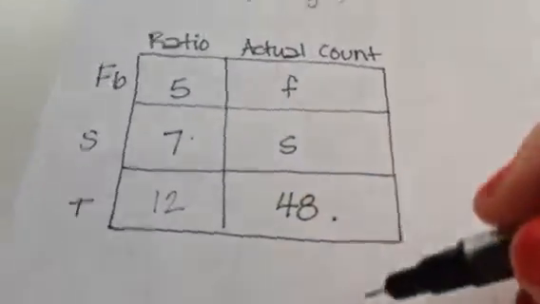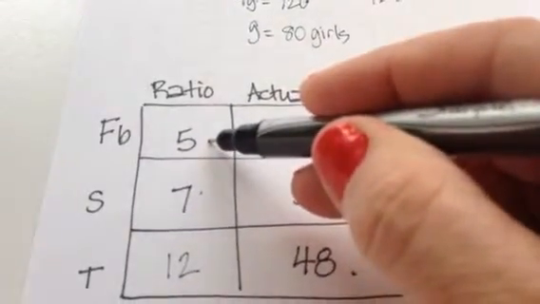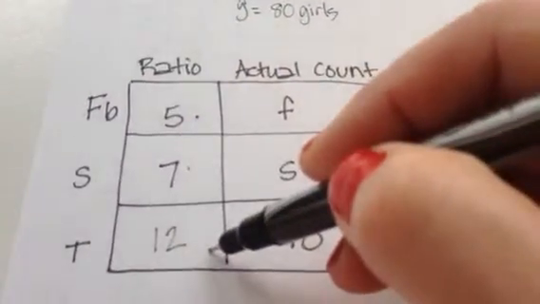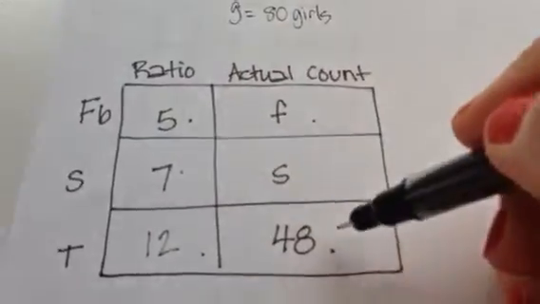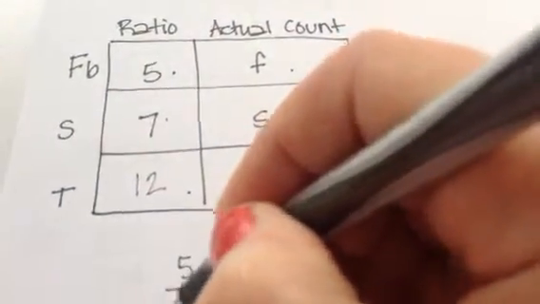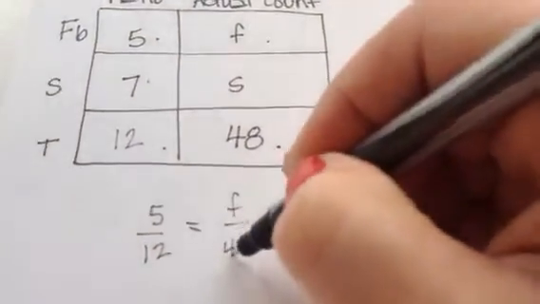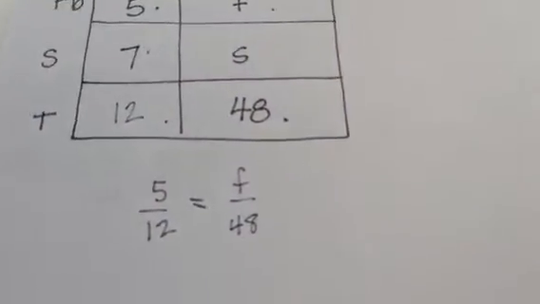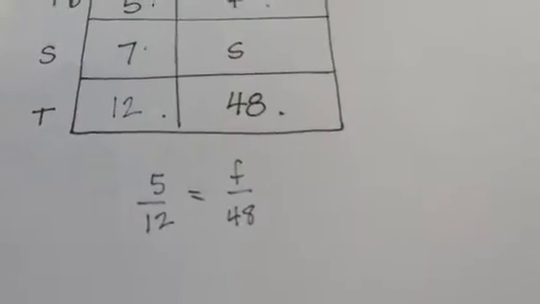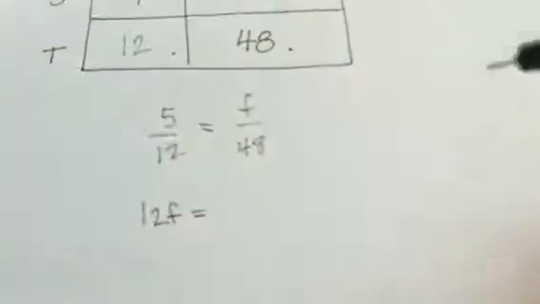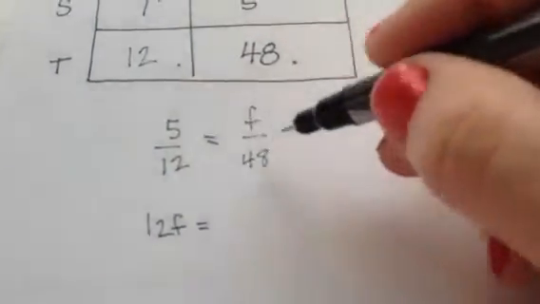So I'm going to put the ratio for the football over the total, and F for football over 48. So I have 5 over 12 equals F over 48. Now all I need to do here is cross multiply. So I have 12F equals, well, what's 5 times 48?